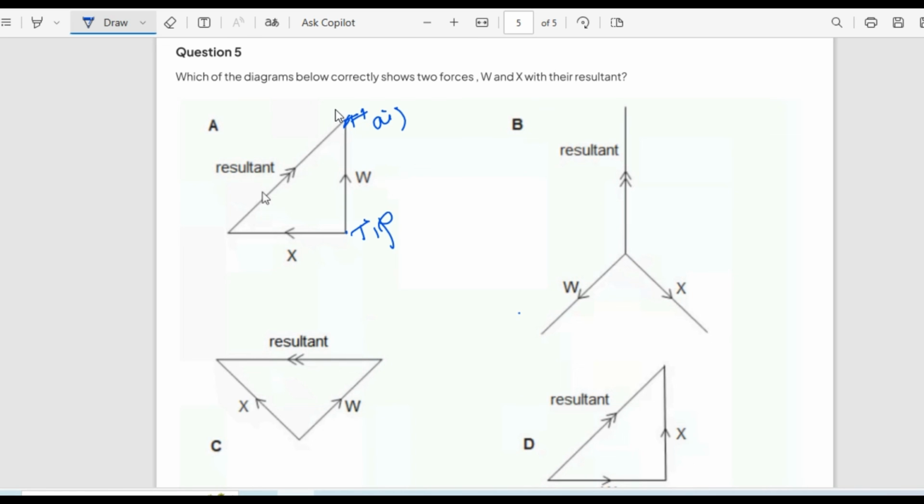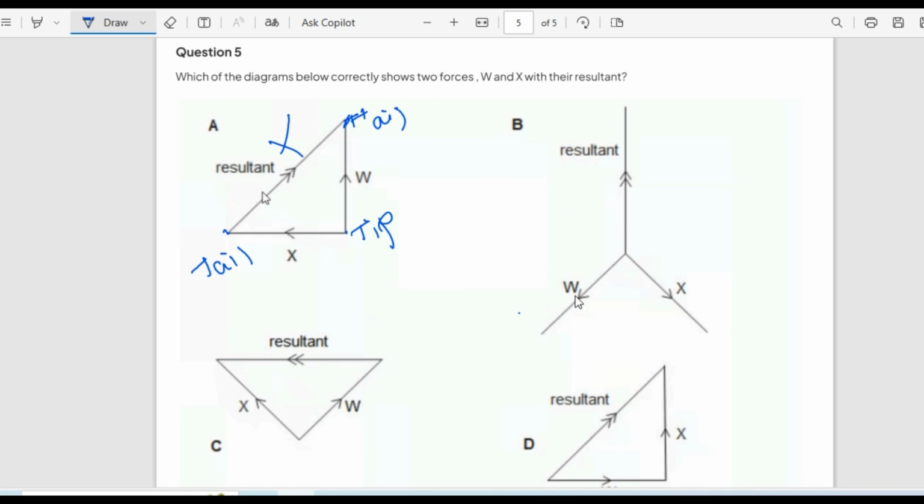We get the resultant vector of two vectors by joining tip to tail. As you can see, in the first one, this is the tail of vector W, and this is also the tail of vector W, and the resultant vector is coming by joining tail to tail, so this is wrong.